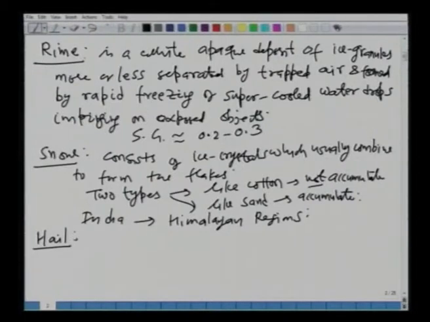Okay. What is hail? Well, hail is a very dangerous form of precipitation. It is like ice balls. In Hindi we call them ole, ola vrishti.